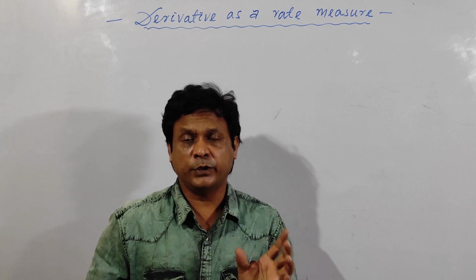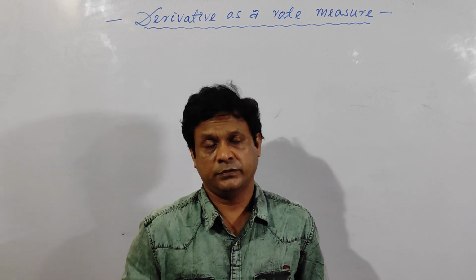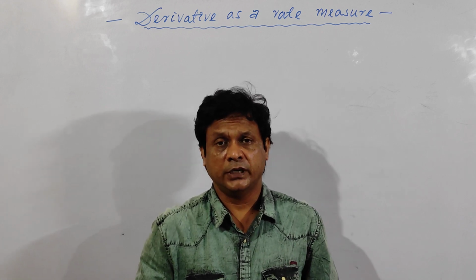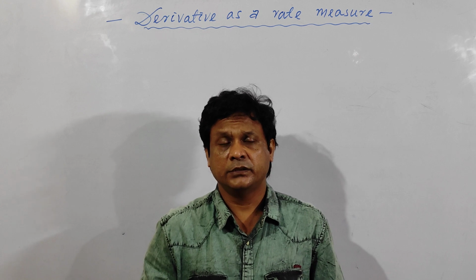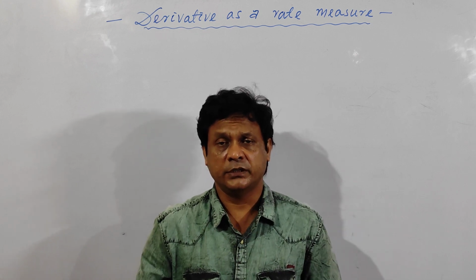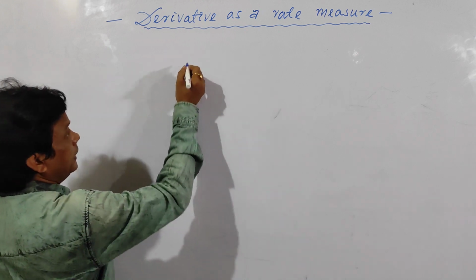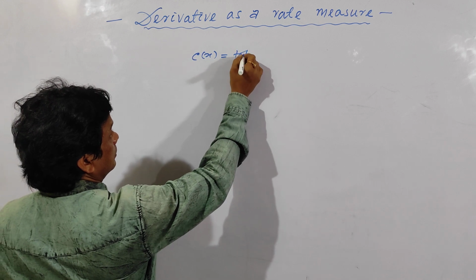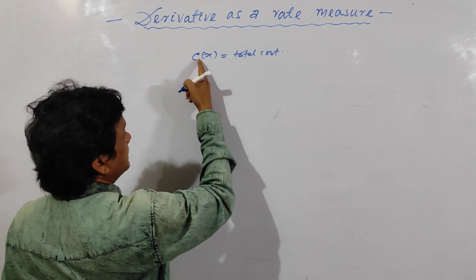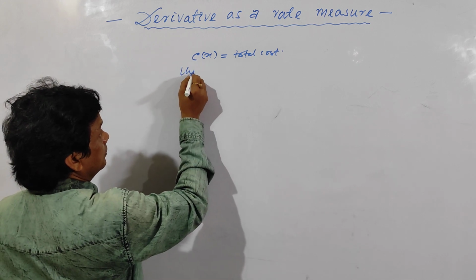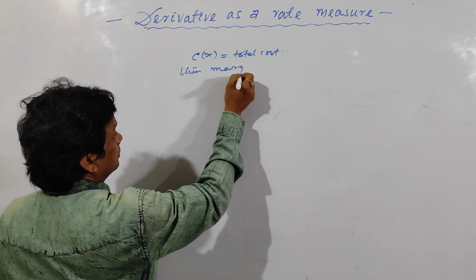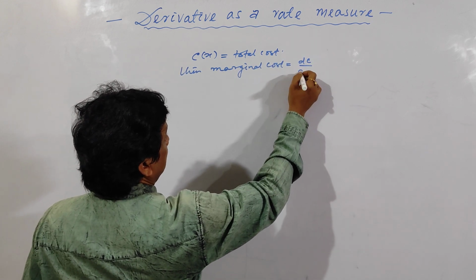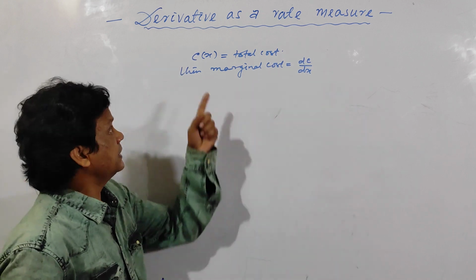And this chapter is very important in commerce subjects, that means in economics and in accountancy and any commercial subjects. For example, if C of x is the total cost, that means C depends upon x, then marginal cost is equal to dC by dx, the derivative of C with respect to x, because C is a function of x.